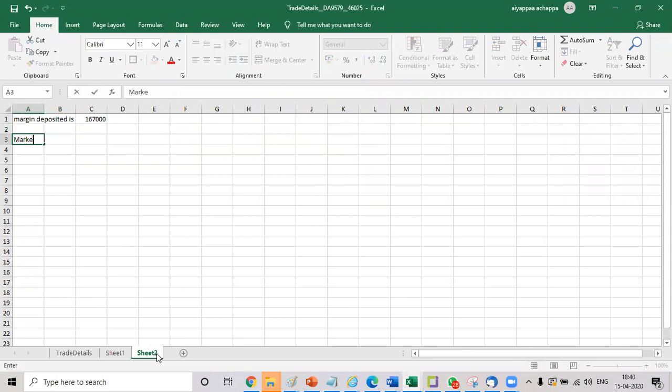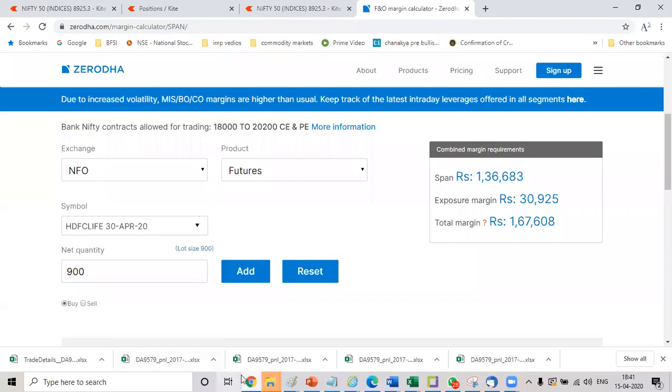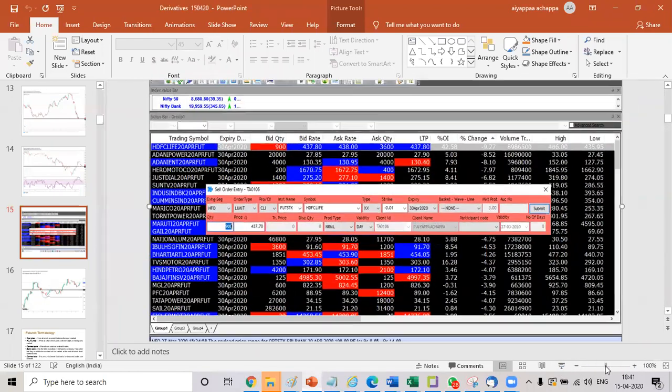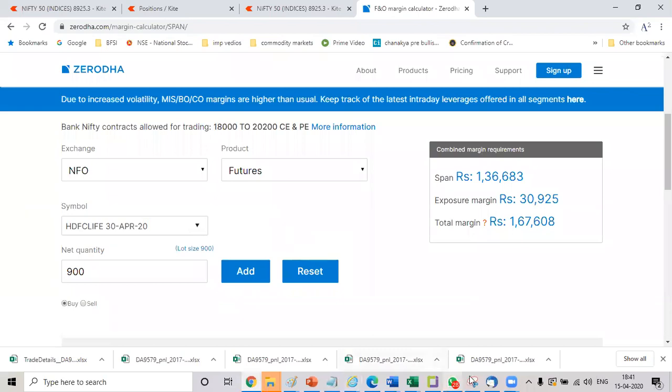The market lot is 900, and we are taking a short position, that is sell, at a level of, currently we are willing to sell it at a price of 437.